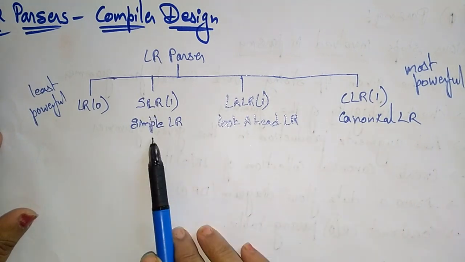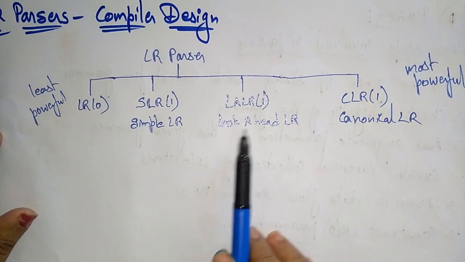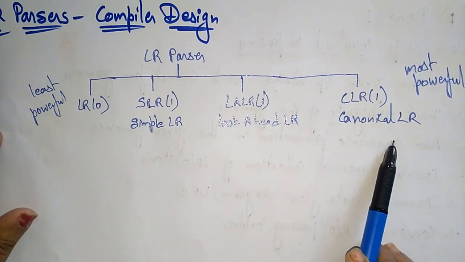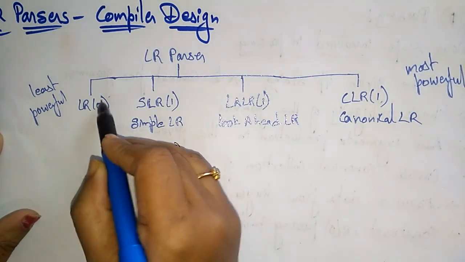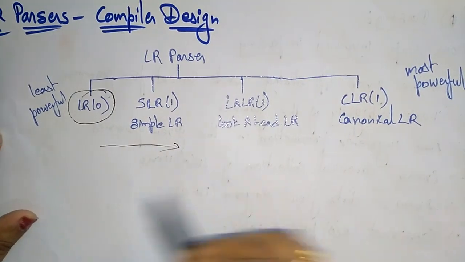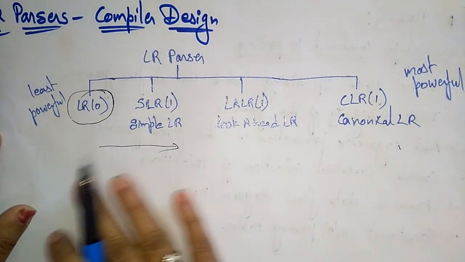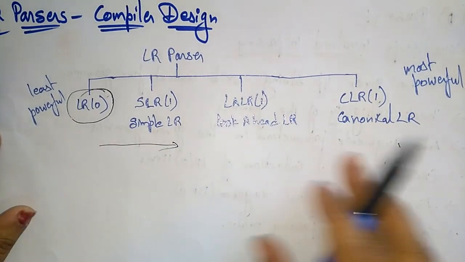SLR means simple LR, LALR is look ahead LR, and CLR is canonical LR. From left to right, LR0 is the least powerful and CLR is the most powerful.